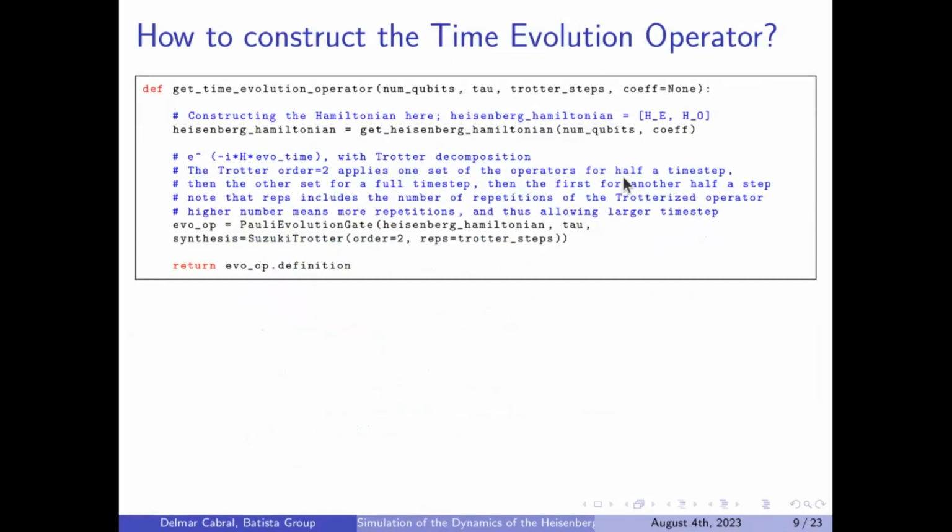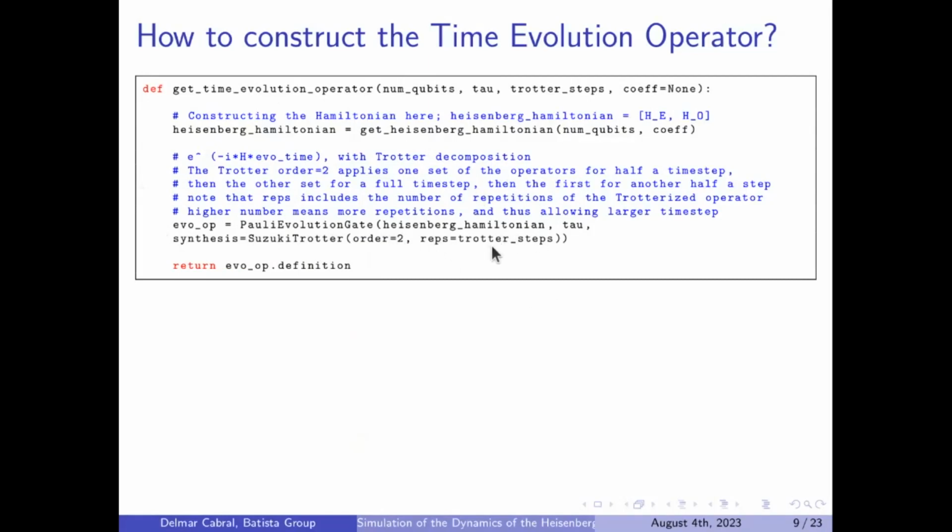To construct the time evolution operator, we expect to know the number of spins in our chain, the time step tau, and the number of Trotter steps, alongside the number of coefficients. This function is going to call the Heisenberg Hamiltonian construction function, and then use a PauliEvolutionGate on this Hamiltonian with a small time step tau, and then perform the Suzuki-Trotter decomposition to second order, repeated a number of Trotter step times.